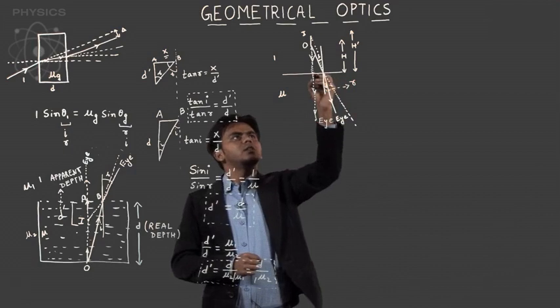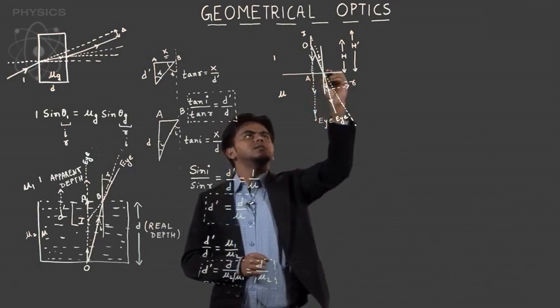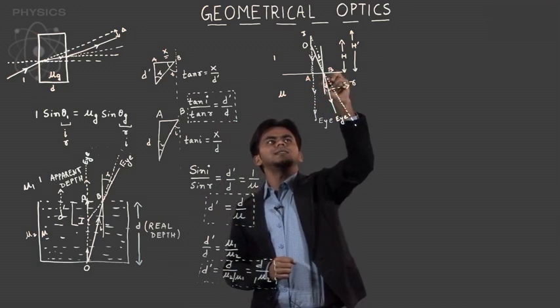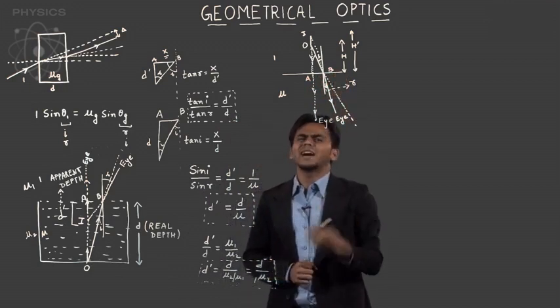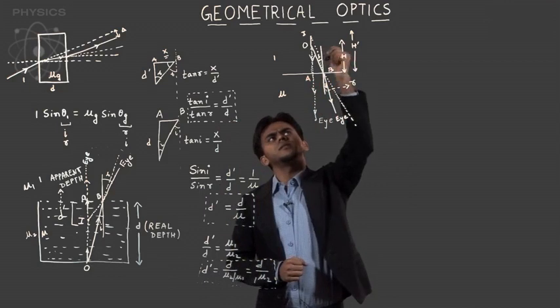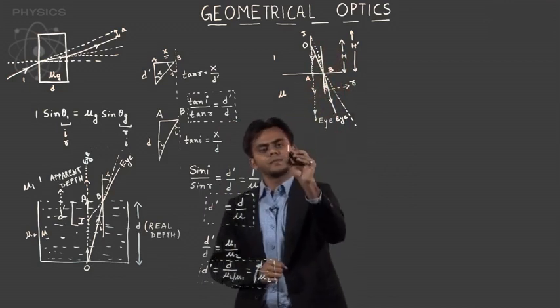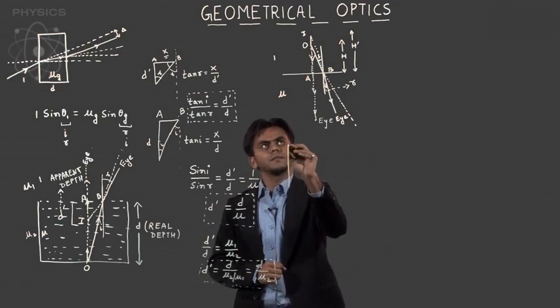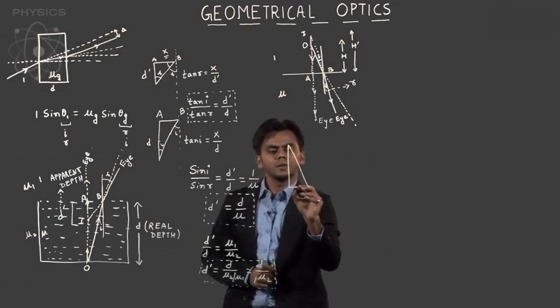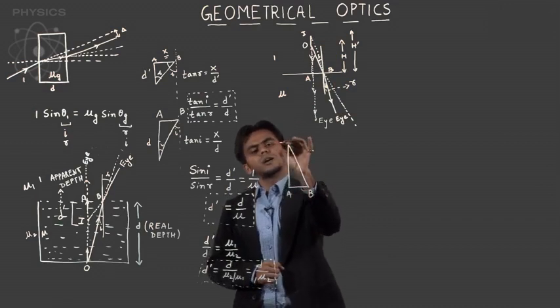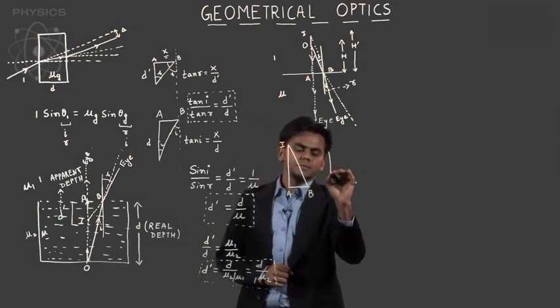Now again draw A. This is B. If this is r, this angle is simply your i minus r. If you just take these two triangles, the bigger triangle over there, this is your AB, this is your i, and the smaller triangle.